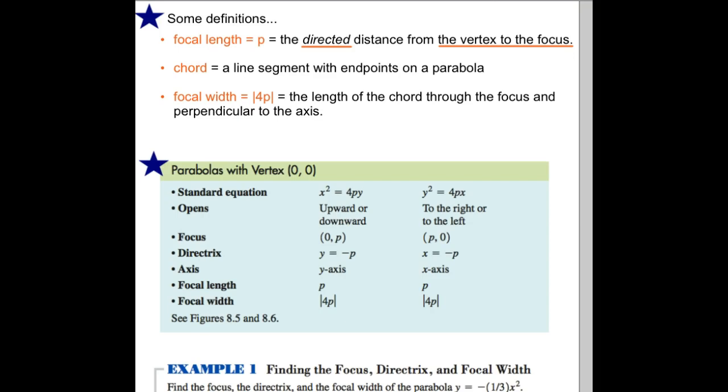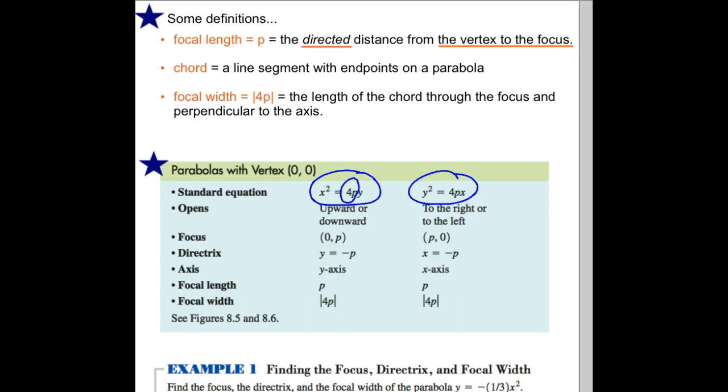So the focal width is not directed, all right? We don't care whether it went positive, negative. It's a positive answer. It's the absolute value of whatever 4p is. And remember that in our equation, we had x squared equals 4py or y squared equals 4px. Okay, that 4p, that number that you're going to see here, is going to be your focal width if you ignore any signs. Okay?